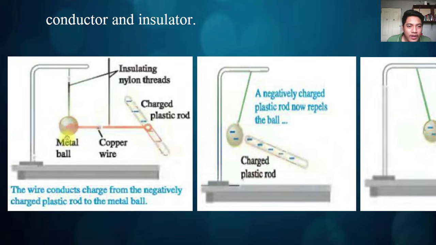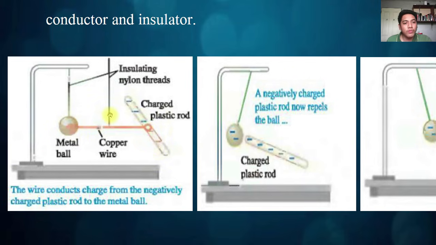This metal ball before charging is neutral. Positive charges are equal to the negative charges. The number of protons is equal to the number of electrons. But once this is connected via copper wire to the negatively charged plastic rod, some of the negative charges of this plastic rod flow through the wire and reach the metal ball.